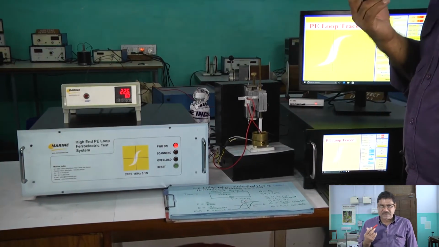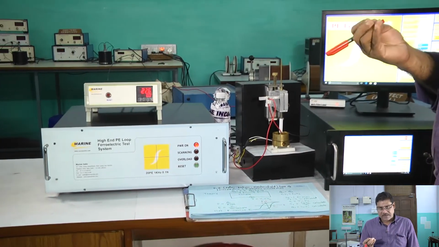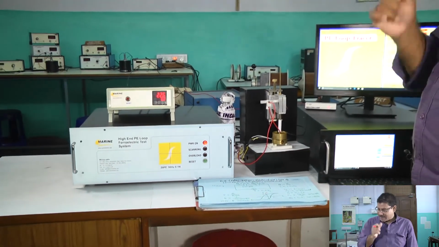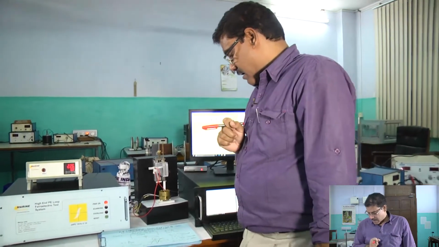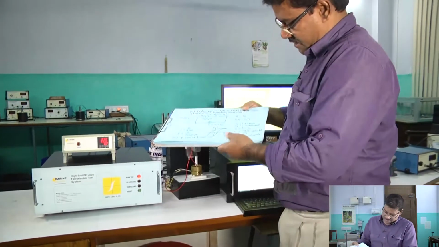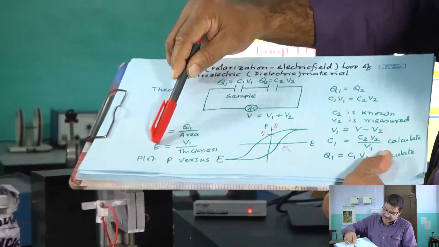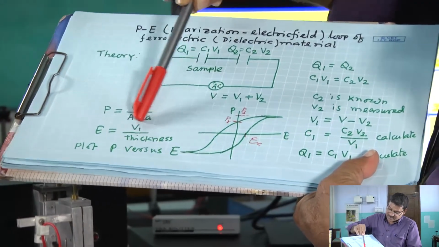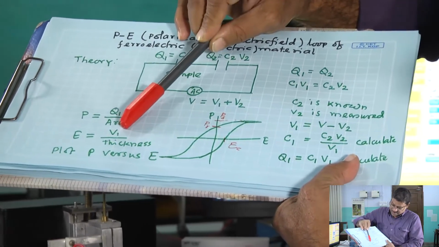C2 is known, and V2. For changing the electric field, I have to vary V1, so V1 should be different for each measurement.